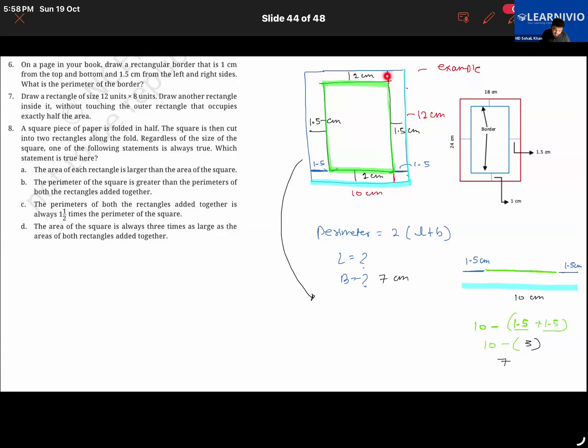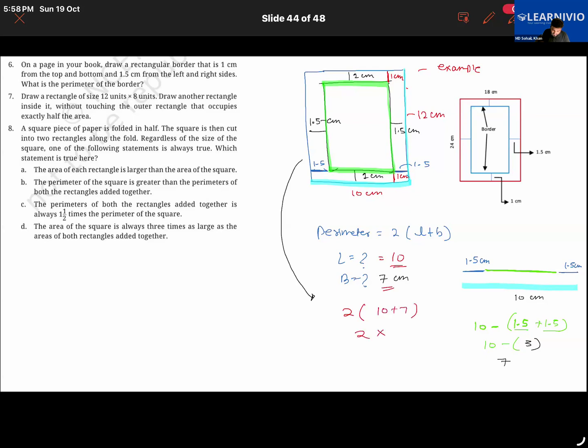If this much is given as 1 centimeter and that is also 1 centimeter, can't you find this much of length by subtracting 1 plus 1 from 12 centimeter? 12 minus 2, that is 10. So now you know the length and breadth. That's going to be twice of length plus breadth, that is 10 plus 7.